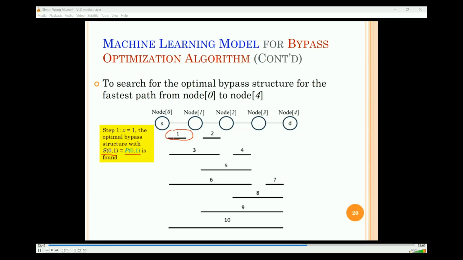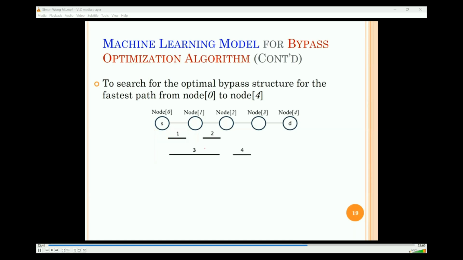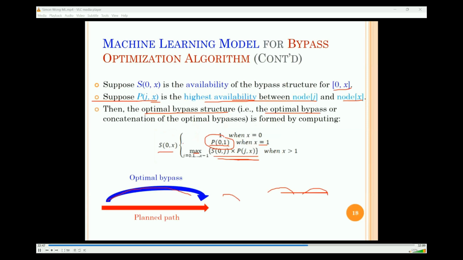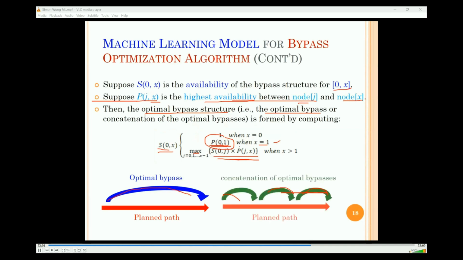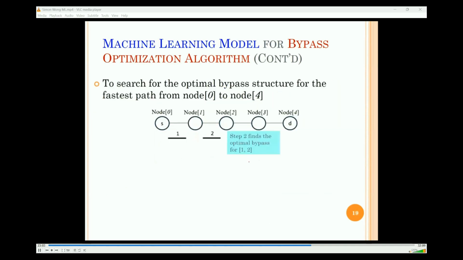If we go back to here, you see when x is 1, this S is equal to P. The available bypass structure is the highest availability between these two nodes, node 0 and node 1.